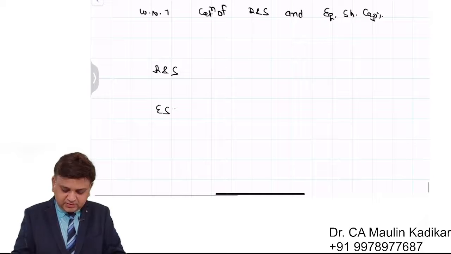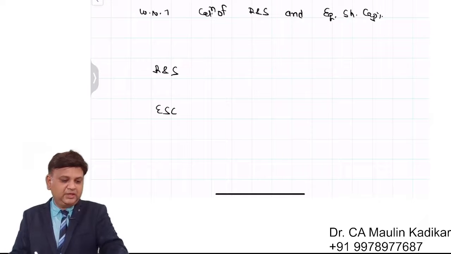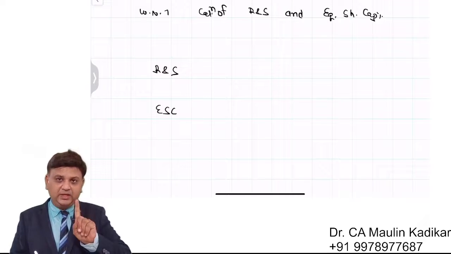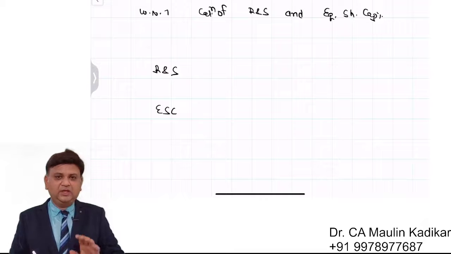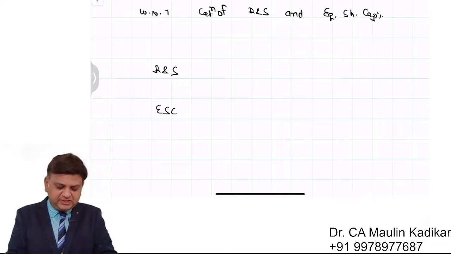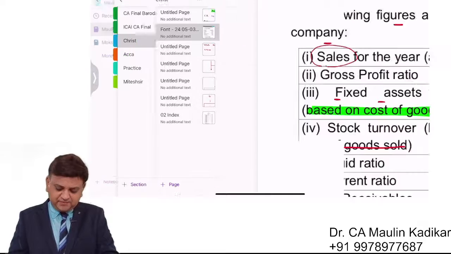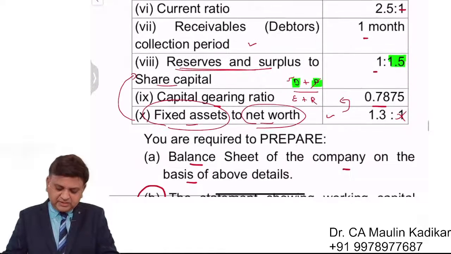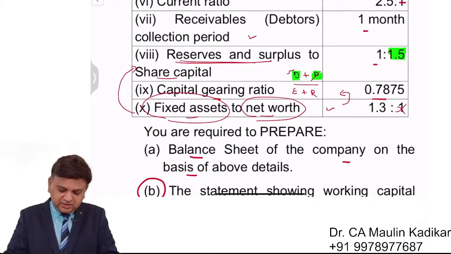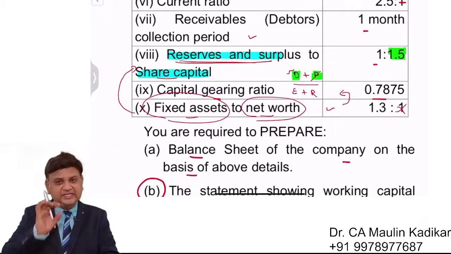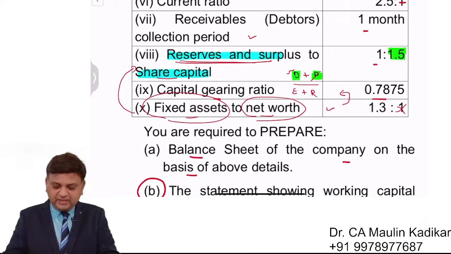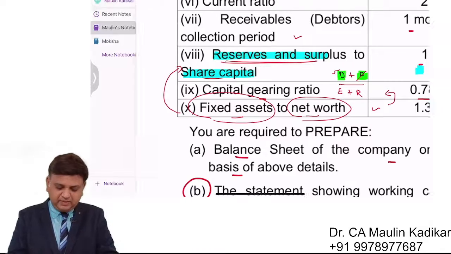Reserves and surplus to equity share capital has been given to us, it is 1:1.5. My suggestion is, don't change the sequence in writing this answer. It has been given that reserves and surplus to share capital, so always write in that sequence only. And this is 1:1.5.